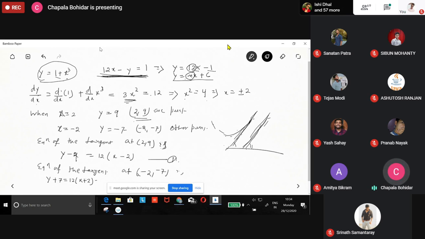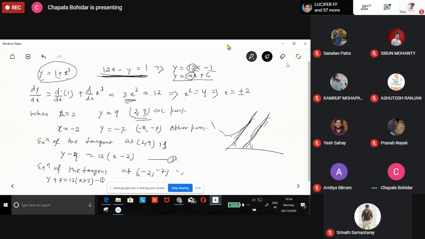So it is our second one. These two are the tangents to the curve y equals 1 plus x cube. Clear to all of you? Any doubt anybody has in this question?